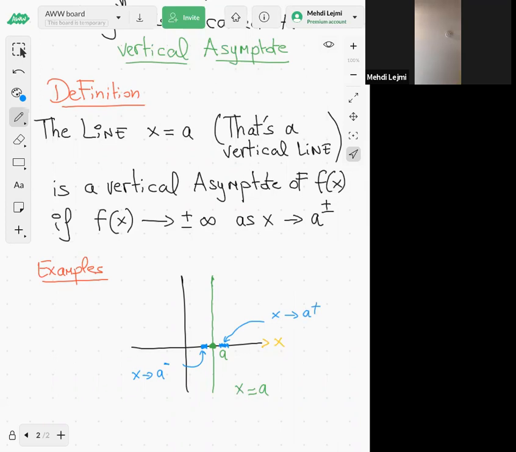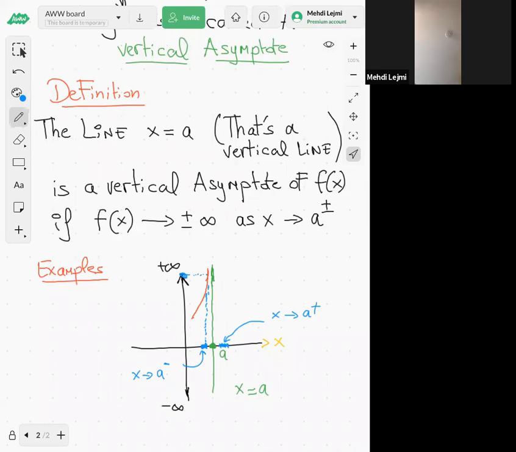Now, as x approaches a from the left or from the right, your function f is approaching infinity. My infinity is supposed to be positive infinity, and here's my negative infinity. So the values of the function f are approaching positive infinity. You see, guys, here's my x, and the image of x, when x is very close to a, let's say from the left, the output is approaching positive infinity.